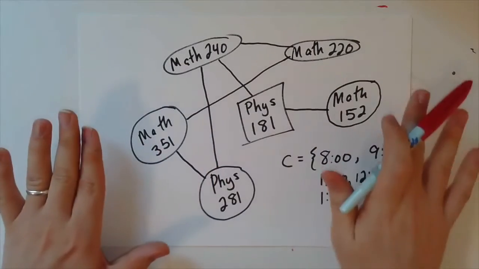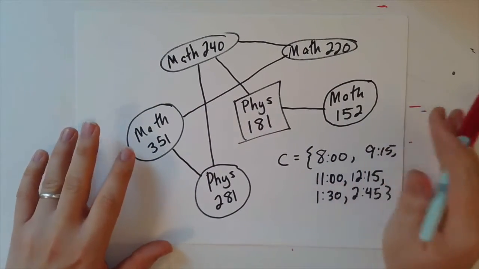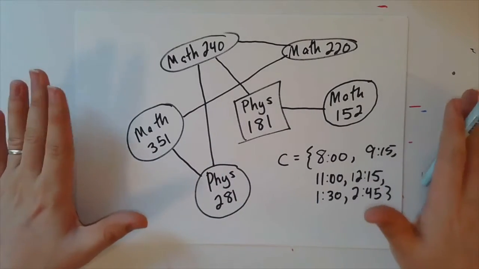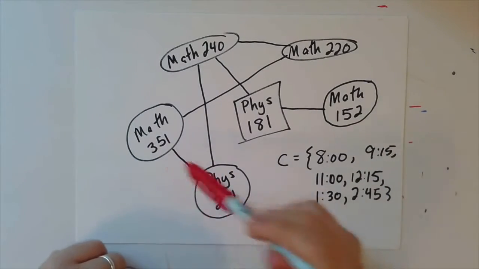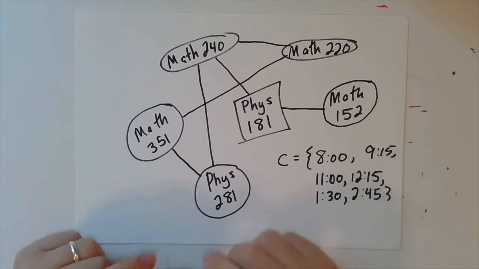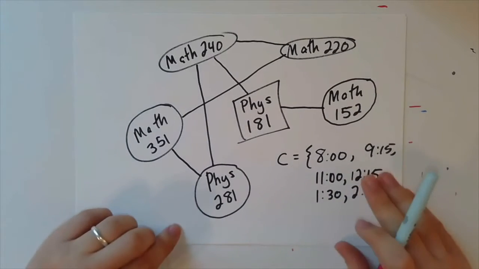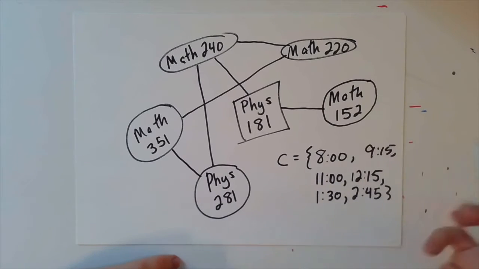So there's all of these different connections. And again, you can imagine that there's this huge graph of all the classes on campus where there's an edge between 2 classes if it's deemed likely that a student will want to take both, because you can't be in 2 places at the same time.